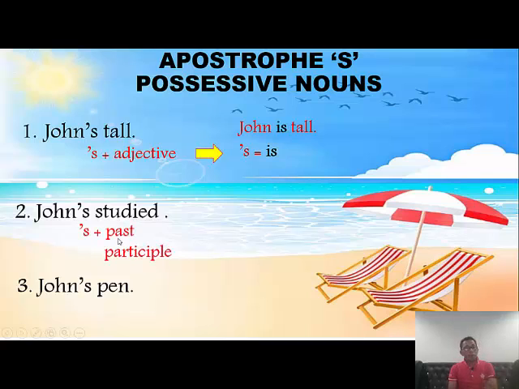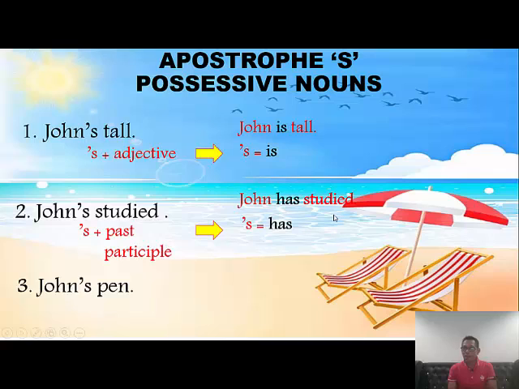Okay, when apostrophe s plus past participle, this is past participle studied. Actually, the apostrophe here is "has". It is not the apostrophe as possessive nouns. It is "has", so the sentence can be "John has studied".